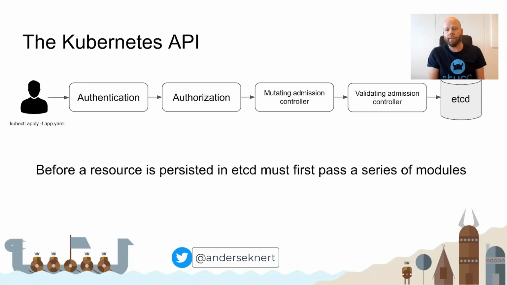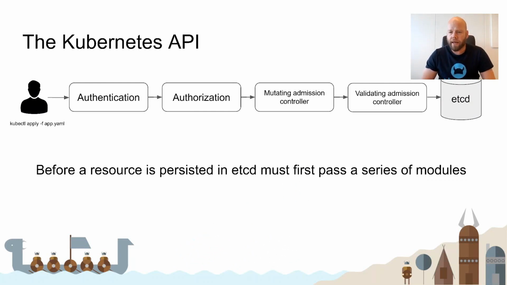After that, there's the mutating admission controller, meaning we have a chance to inspect this object before it's persisted and make mutations to that object. And there's the validating admission controller, finally. Inspecting that object after optionally being mutated, we get a chance to validate the object. And if that's approved, the object is finally persisted to etcd.